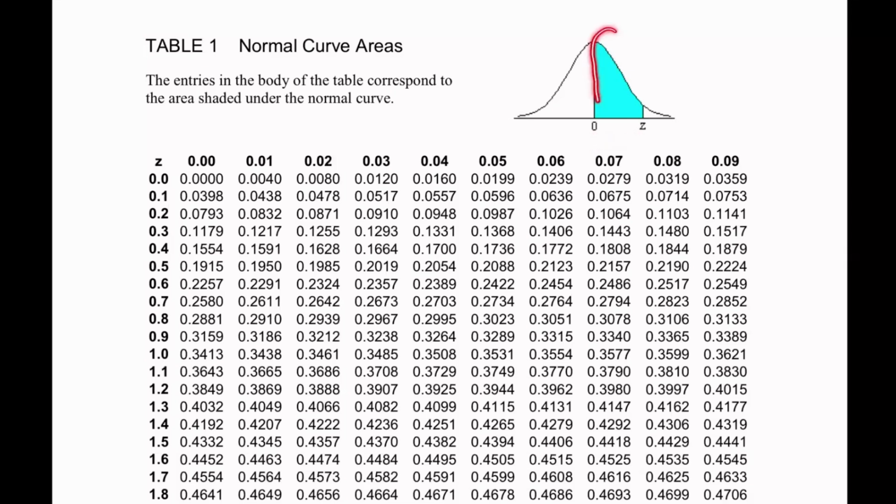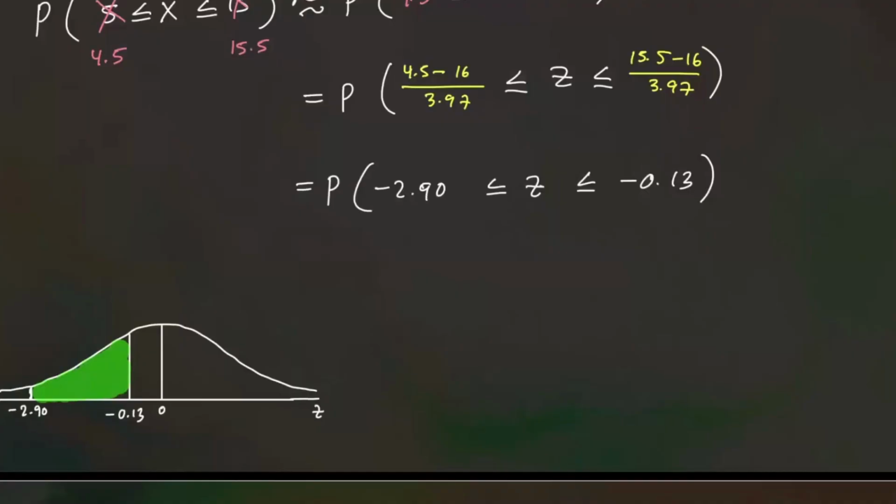And we know there's 50% under the curve in this direction. And by using symmetry, there's 50% on the left of 0. So what we're going to do is imagine reflecting this region about the origin and then figure out the geometry. So here's how it's going to look. If you reflect it over, negative 0.13 will be reflected right here.